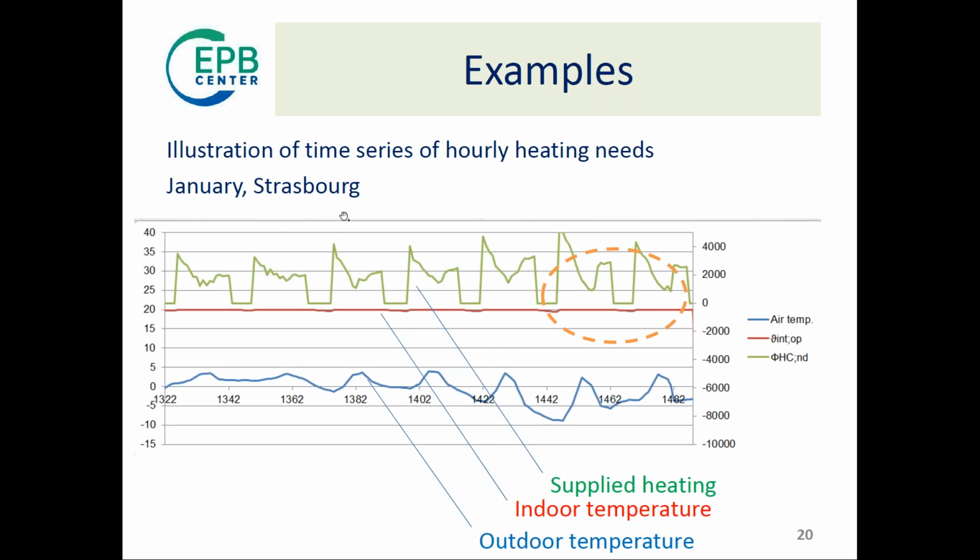So just as an illustration, a time series of the hourly heating needs in case of the connection with the heat pump. Here you see the supplied heating for the last week in January, and you see the indoor temperature.